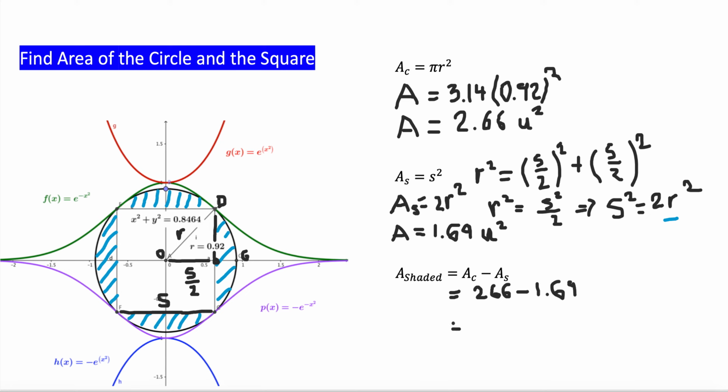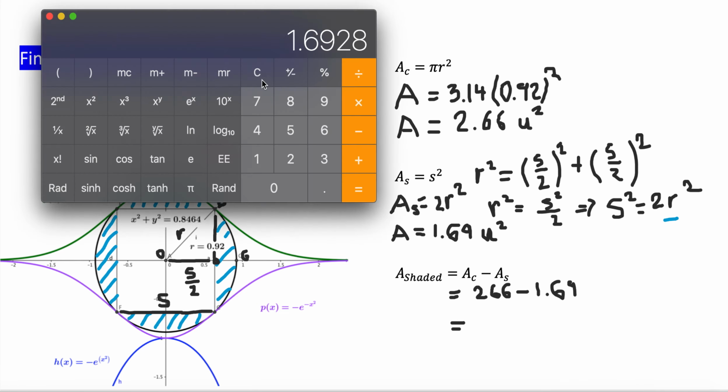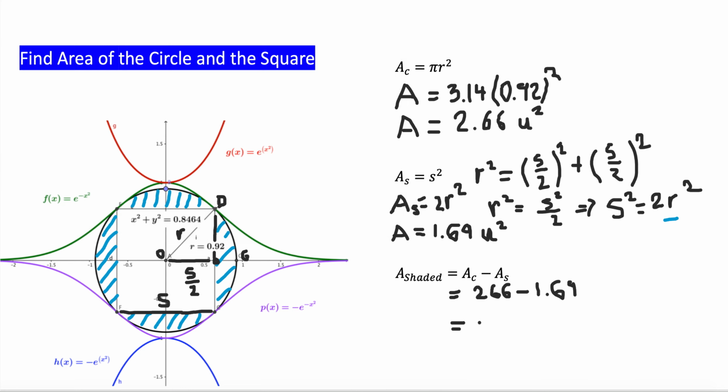Let me calculate it with the calculator before I give any assumption about the result. 2.66 minus 1.69, the result is 0.97 unit square.